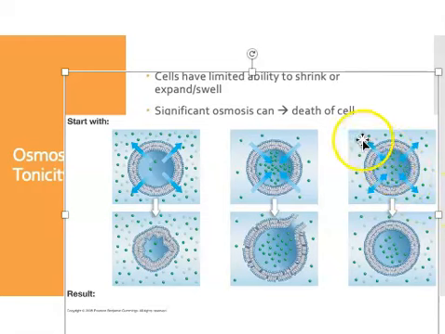You'll notice these blue arrows here that have arrowheads on both sides. What the arrows are representing is the movement of water. Now, water travels across a cell membrane, again, through simple diffusion and facilitated diffusion, actually all the time.